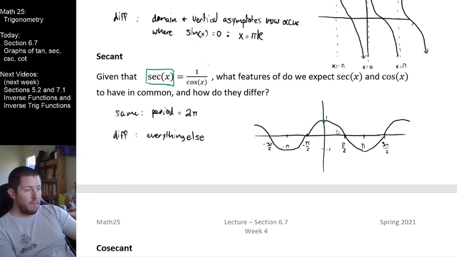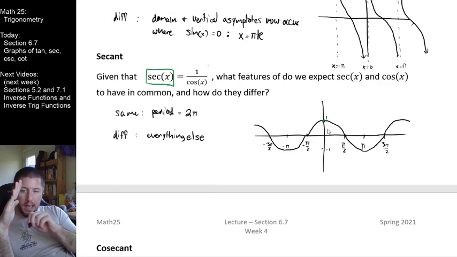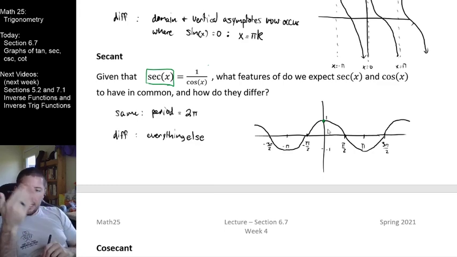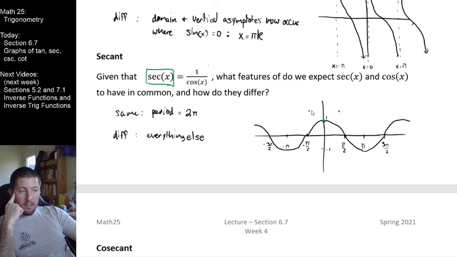By the time I get to pi thirds, cosine's value is now 1/2. 1 divided by 1/2 says how many steps of 1/2 do you have to take to get to 1? And the answer is 2. So where this graph has a height of 1/2, the secant graph has a height of 2. And that's going to be the same on both sides, right? The height is 1/2 right there for cosine, so the height of secant will be 2.